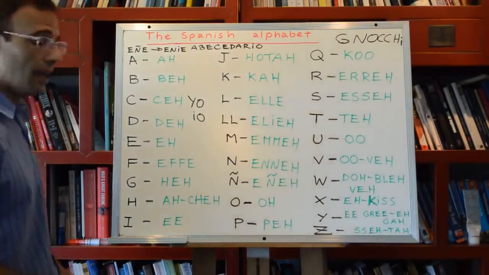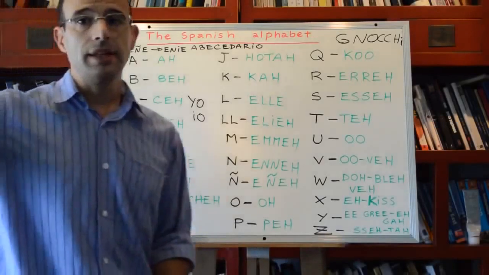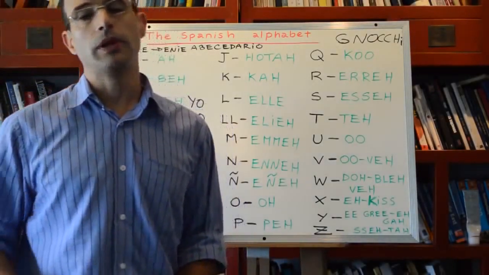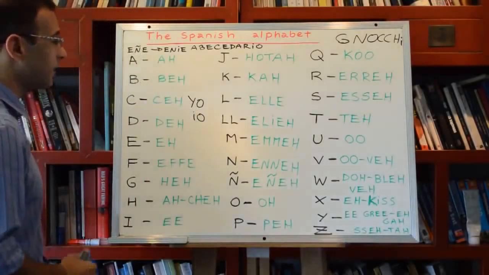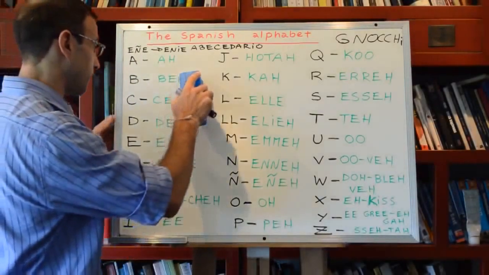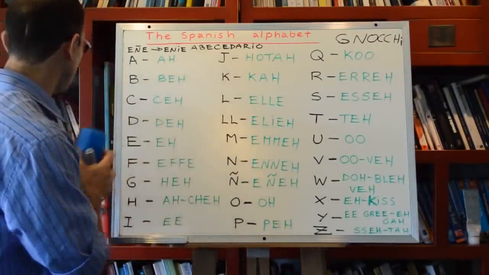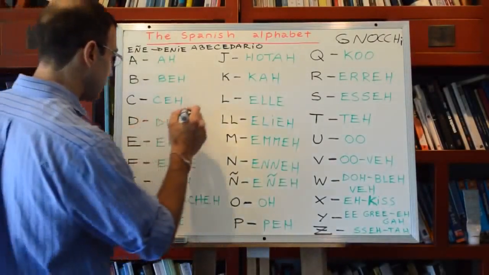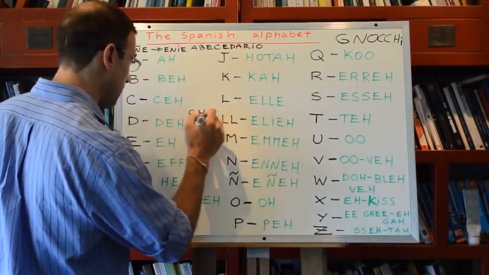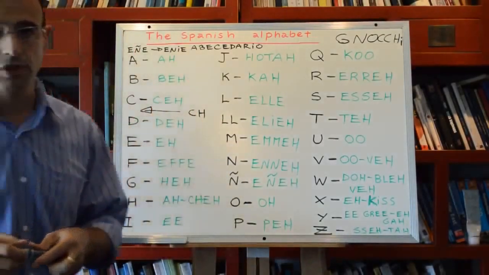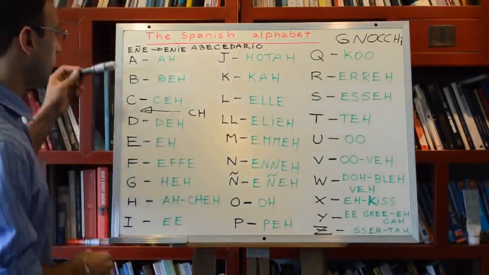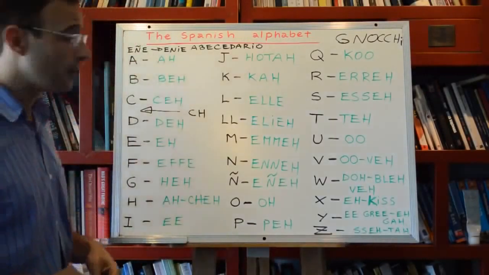Now, some decades ago, there was another letter included in our alphabet, which was the letter CH. Now it has been removed officially from the alphabet, that's why I'm not mentioning it here.